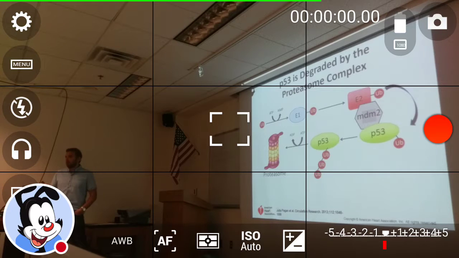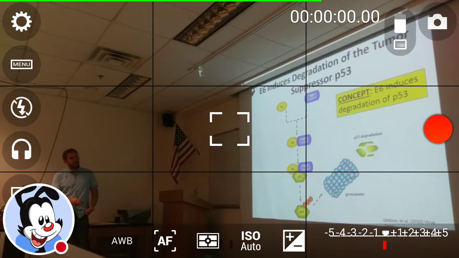The way it does it: do you guys know ubiquitination and how that targets things for degradation? So this is the way it normally happens. MDM2 is a ligase that will transfer ubiquitin from an intermediate to p53. You get these chains of ubiquitin on p53. It goes to the proteasome, gets degraded.